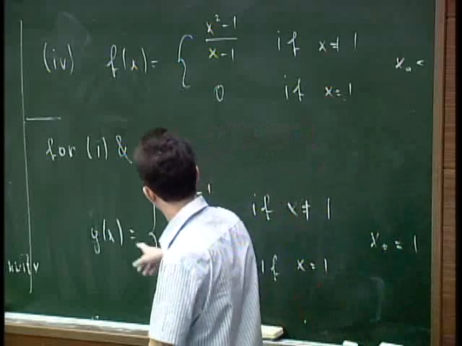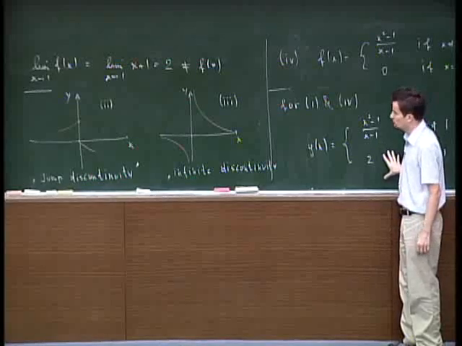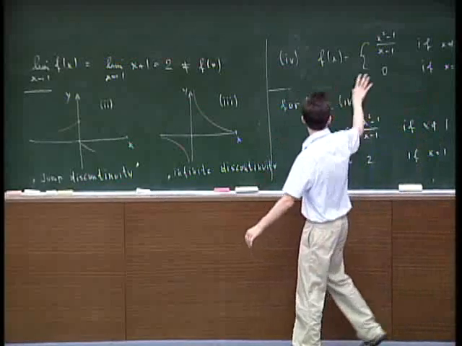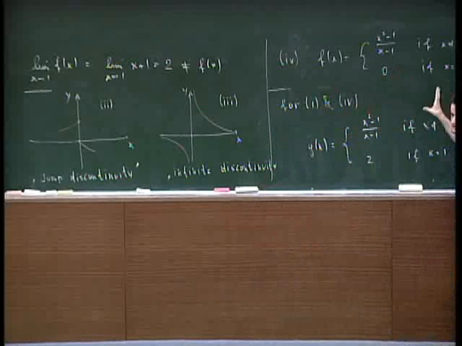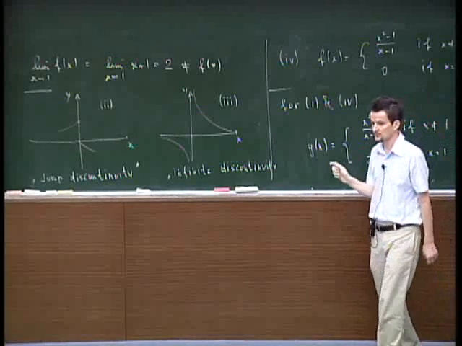Now, because we computed the limit, we know that the limit is equal to 2, so now the function is continuous. So in the first and fourth example, you can repair the function. You can change function values such that the function becomes continuous.